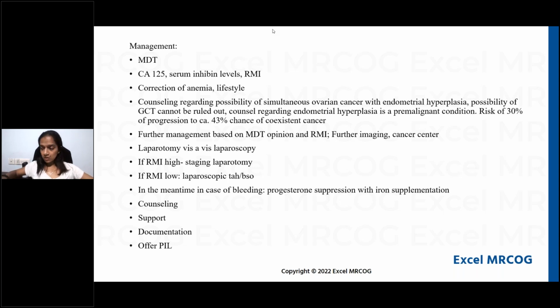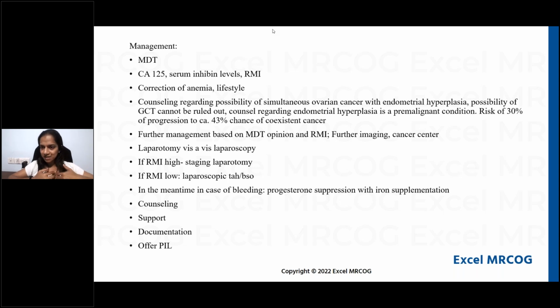Okay, so you would ask for CA125 definitely, because there is a complex mass. At the same time, as Dr. Shaista rightly said, you need to ask for serum inhibin levels as well because of this history. Not in all cases. Usually in postmenopausal or perimenopausal complex masses, you will just ask for CA125.